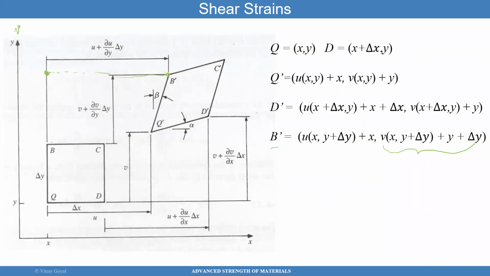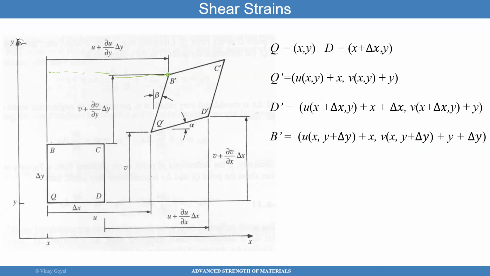So it is y plus delta y plus this deflection V, which is exactly what you see here: y plus delta y plus V, but evaluated at the coordinates of B, because that's the one I'm trying to track. I'm tracking these points to figure stuff out. Okay, so that concludes how you find these coordinates.